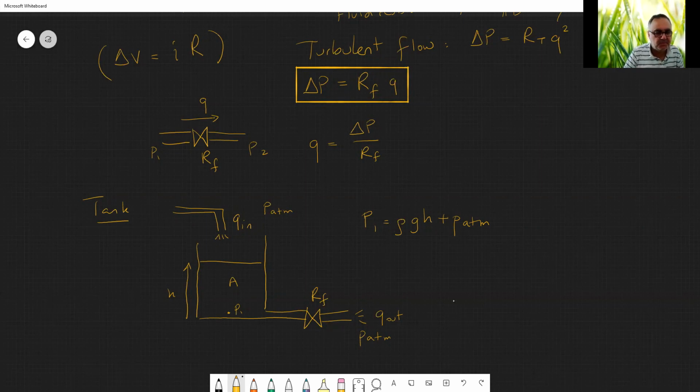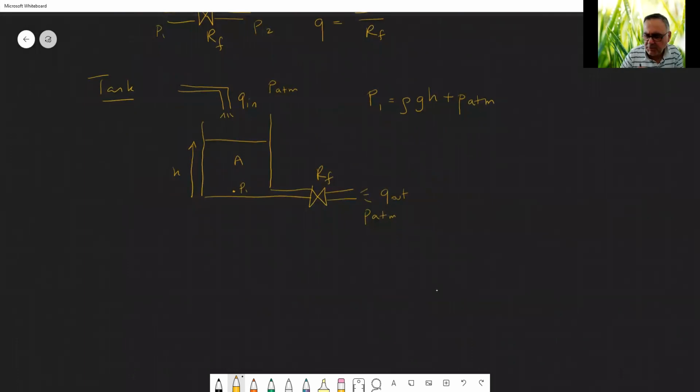So we have written as before, area times dh/dt was equal to Q in, flow in minus flow out, which is Q out. But flow out is, as we have written above, change in pressure, which is P1 minus P atmospheric, let's say, divided by RF, right?